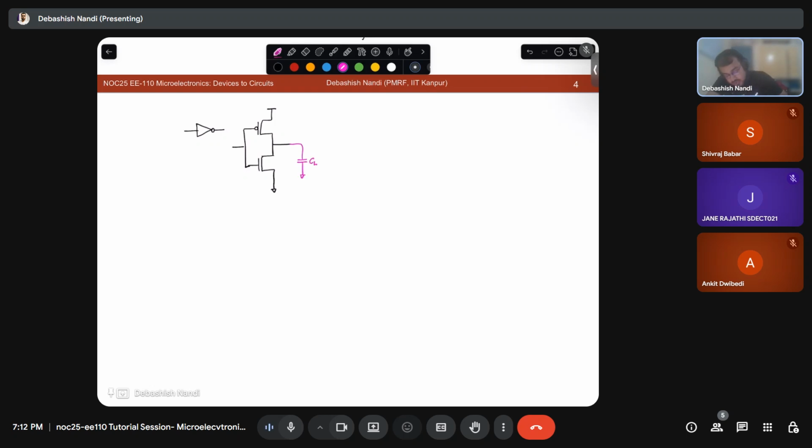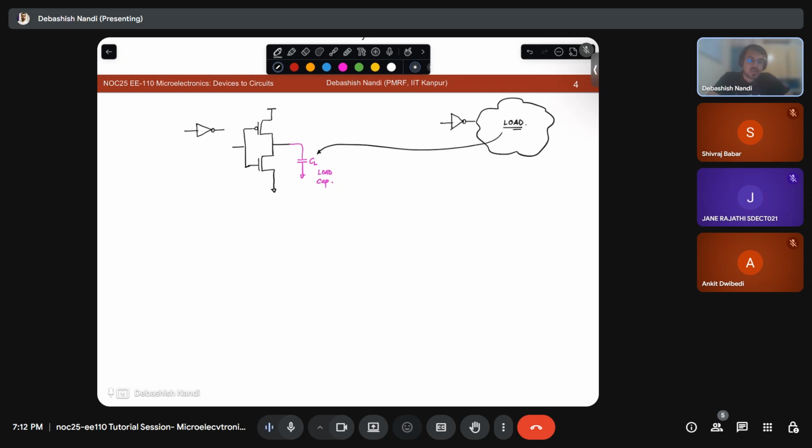We call it a load capacitance. Basically, what is happening is, let's say you have an inverter and it is connected to some circuit, let's call it some load. So this entire load you are modeling with a capacitor.